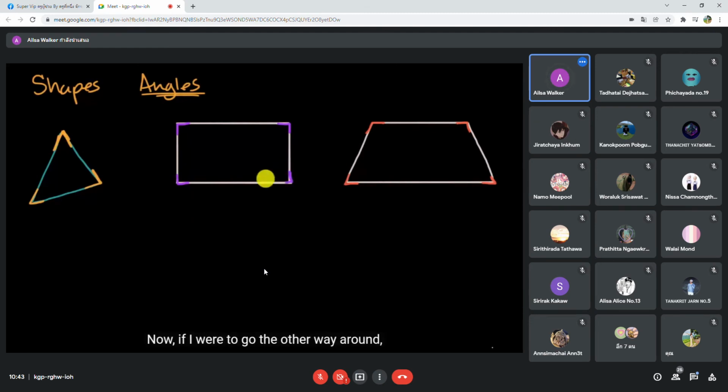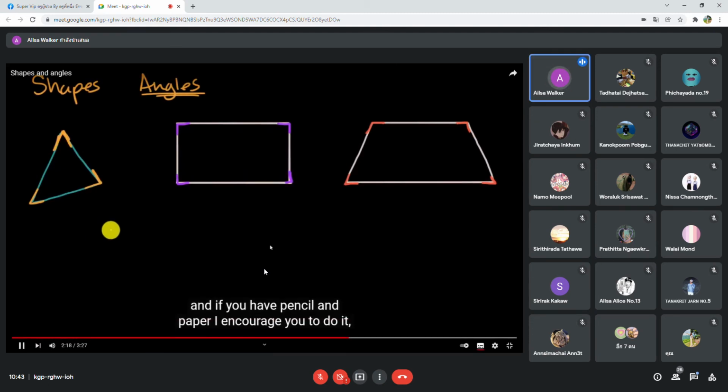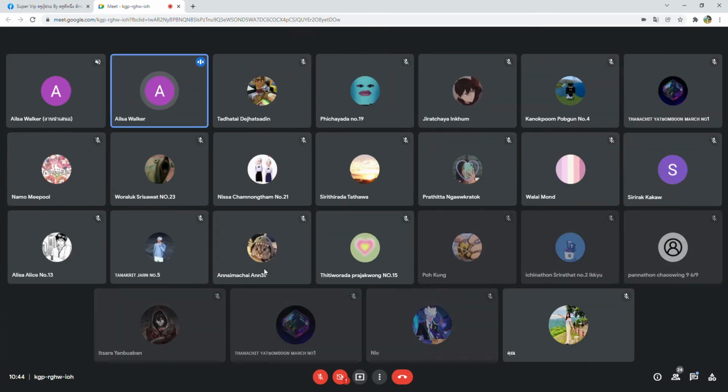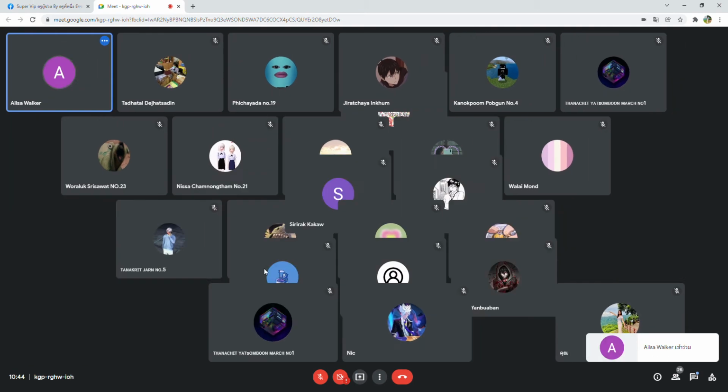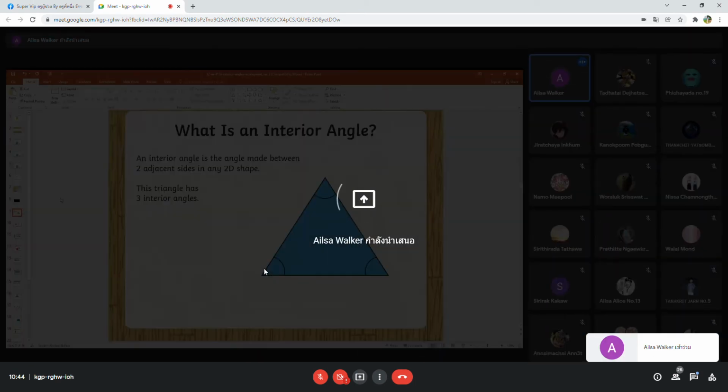Now, if I were to ask you to draw a figure, and if you have pencil and paper, I encourage you to do it. Each of these shapes has a different number of sides and a different number of angles. And these angles, we call them the interior angles. So let's go back to our PowerPoint and take a look at interior angles.